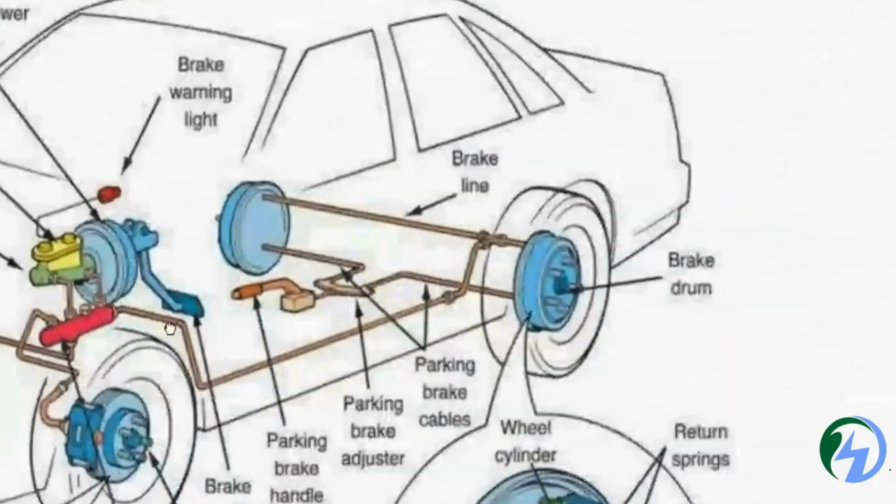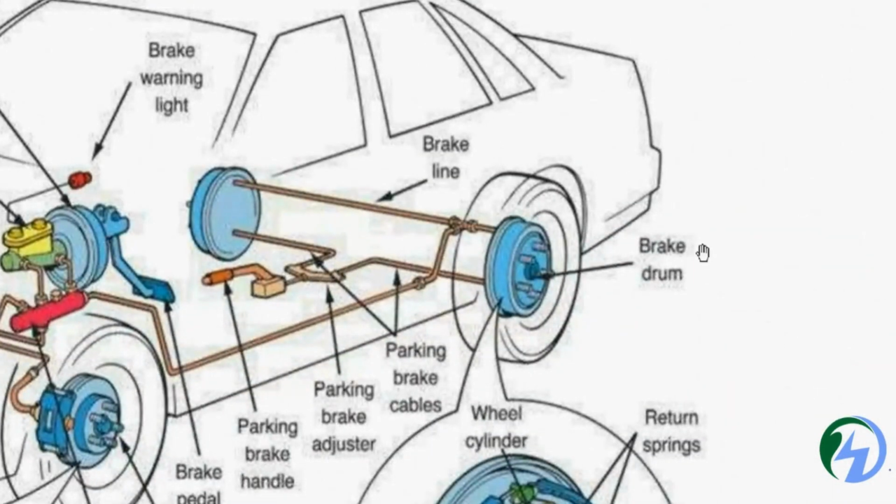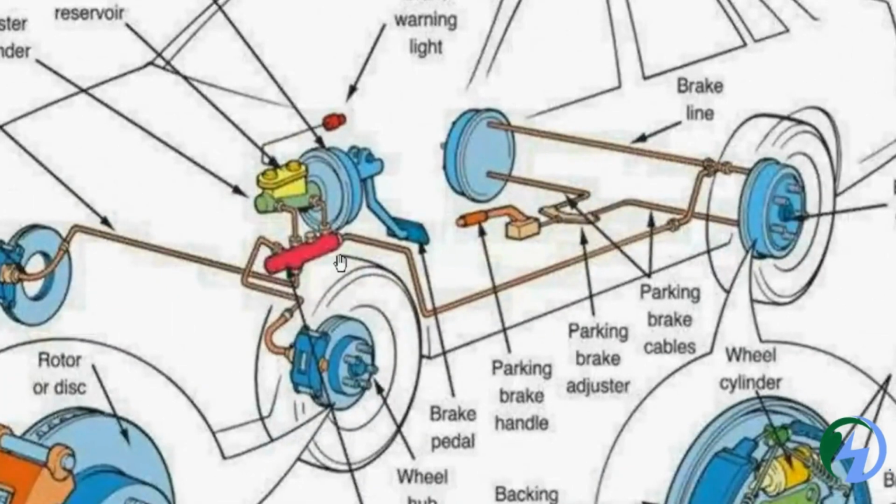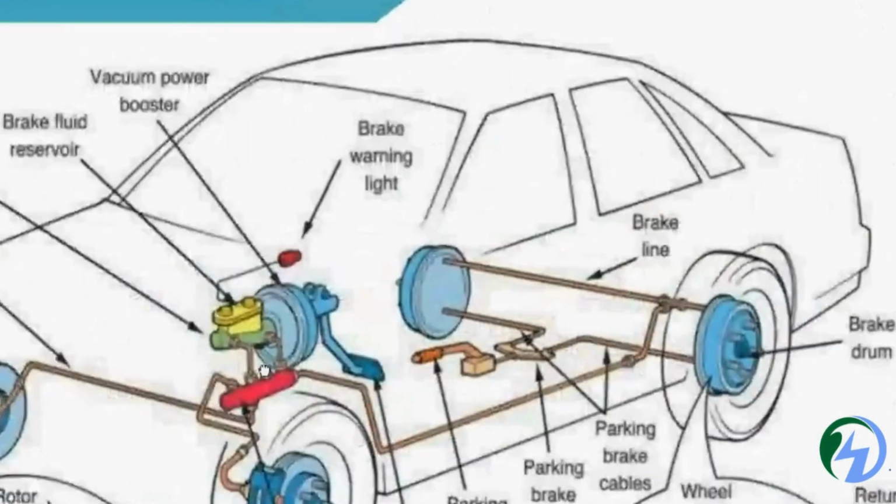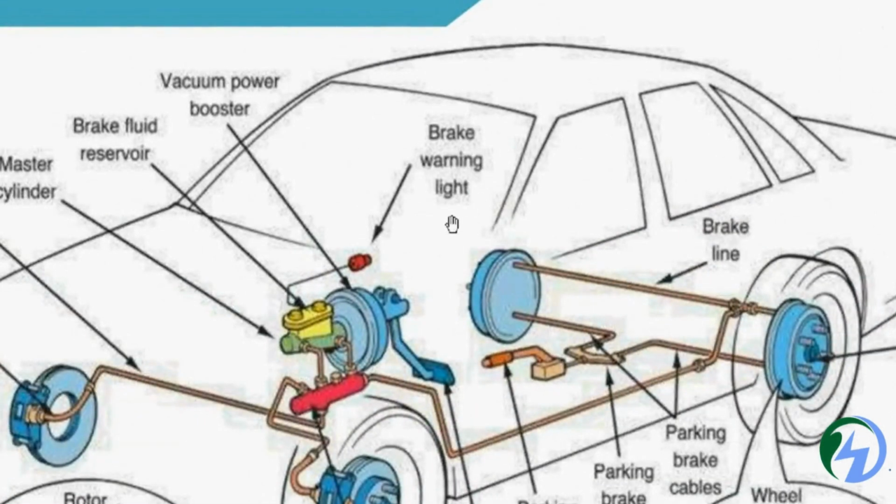So there is some understanding needed to control the brake. Both wheels are aligned the same. Generally it starts from the brake warning light, so the driver is able to see that information on the display.